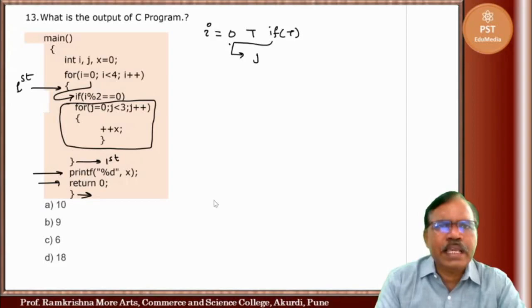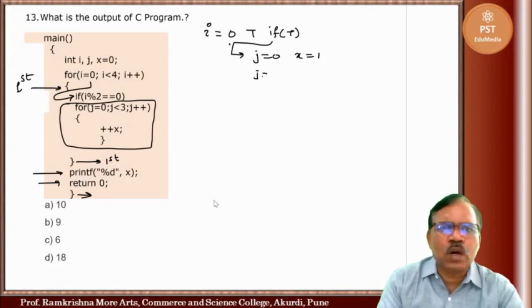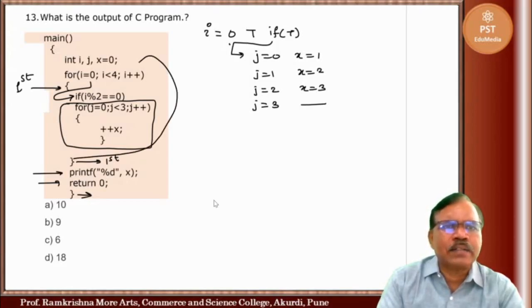Now j equal to 0, x will become 1 because the initial value of x is 0. Then j will become 1, x will become 2, j will become 2, x will become 3, j will become 3, j less than 3 is not satisfied, so it will go back.